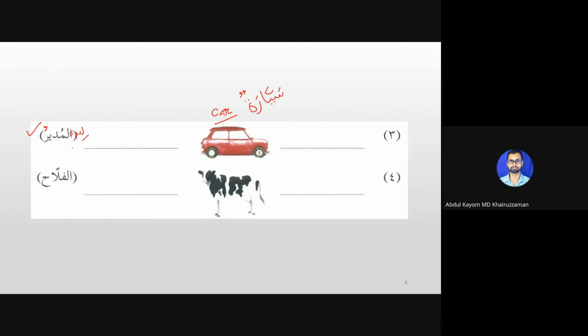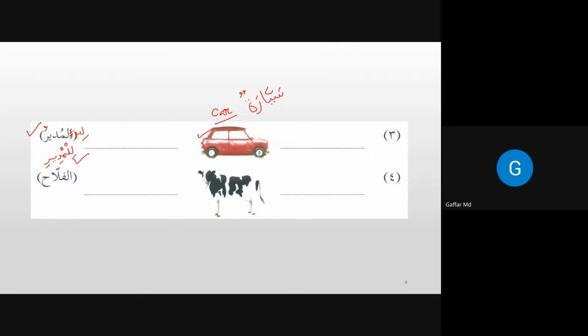We'll write lil mudiri. So when you add lam, the lamul jar before a word that has al, this alif will be omitted. So we'll write lil mudiri this way. Is it clear?